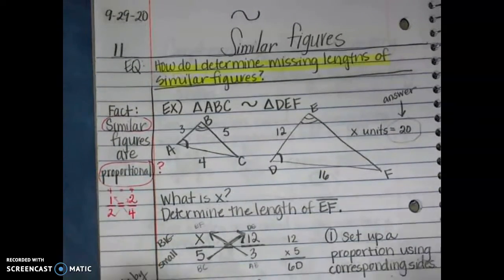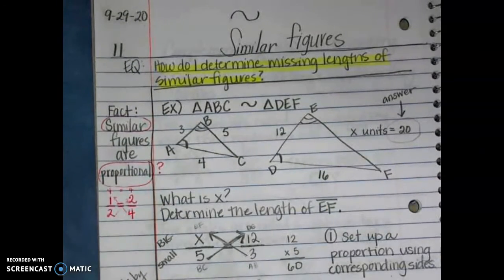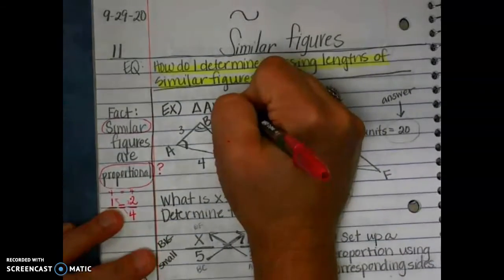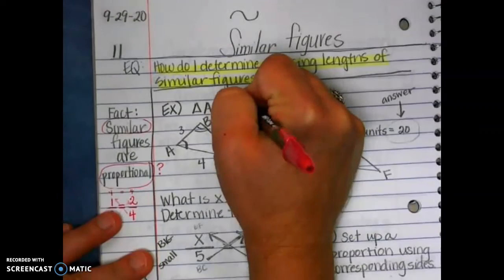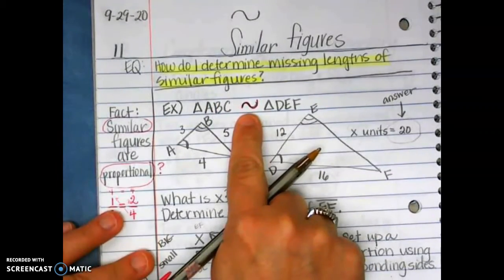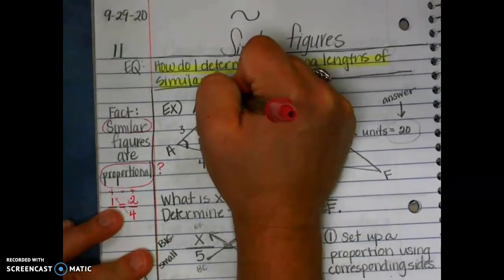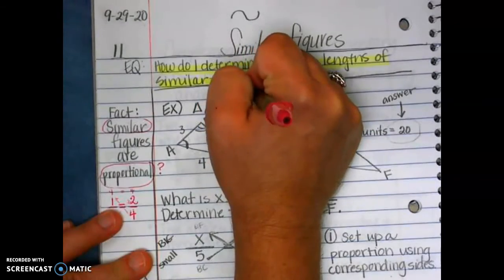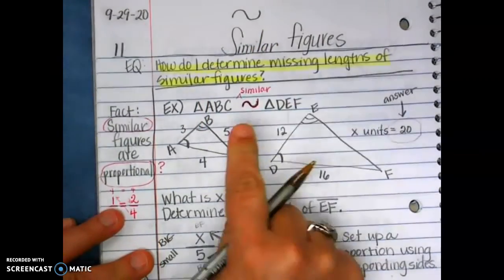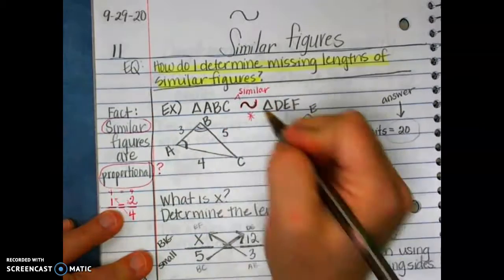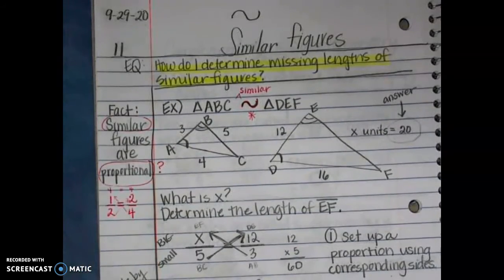So let's jump over into our similar figure notes over here. I am going to highlight this in my pink. That means similar. So I'm going to put a little caret right there, and I'm going to write the word similar in case I forget what that sign means, because that sign could be on my test, and I need to know what that means. Okay?